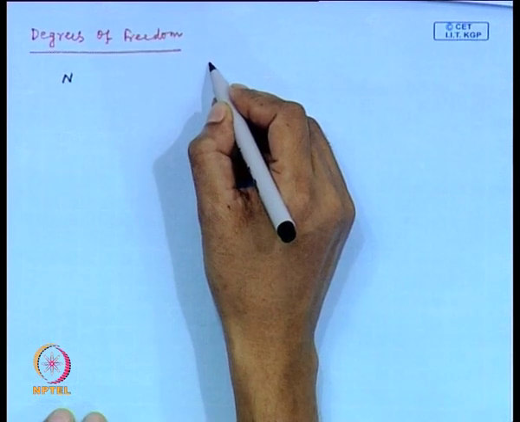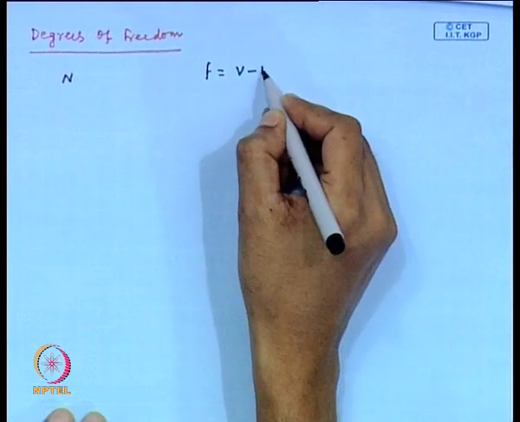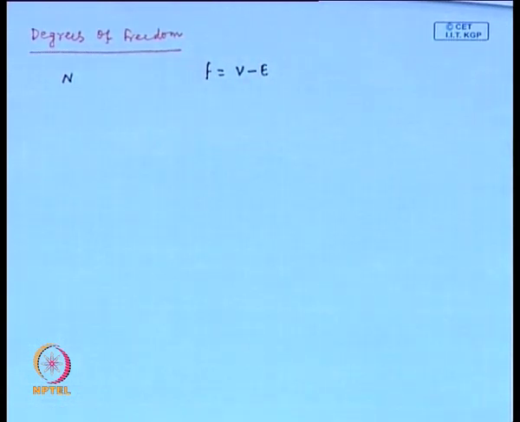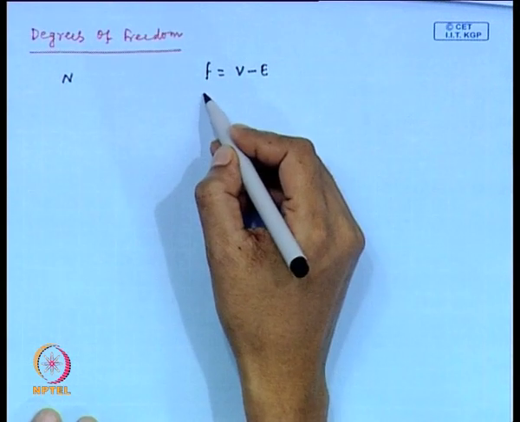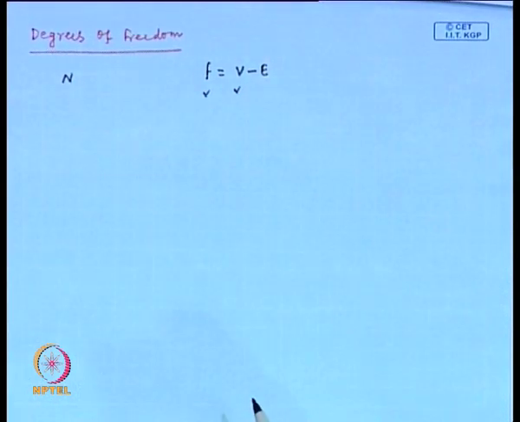So, you can recall the degrees of freedom represented by F, which is correlated with V and E by this form. F is the degrees of freedom, V is the number of independent process variables, and E is the number of independent equations. So, to calculate the degrees of freedom, we need to find both V and E for the example distillation column.